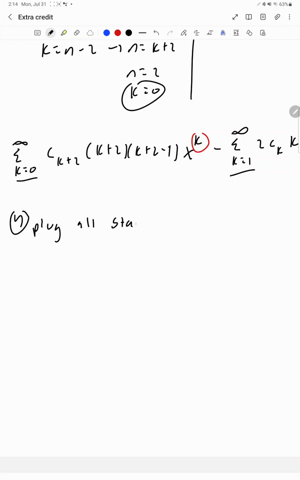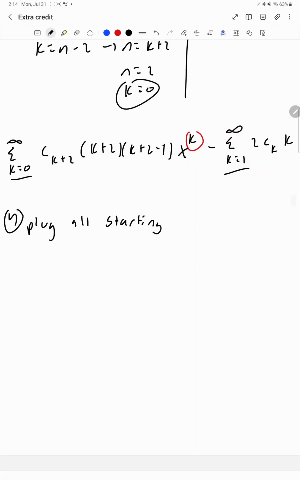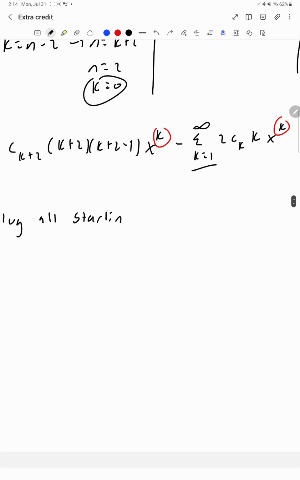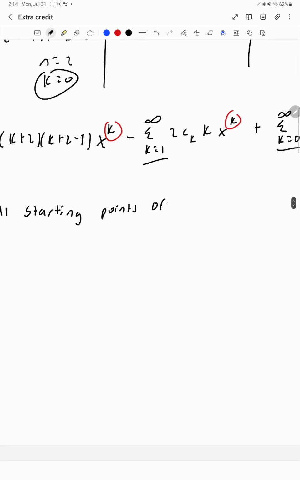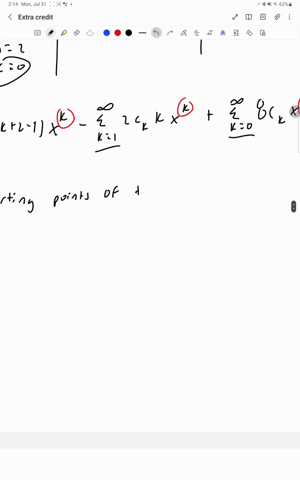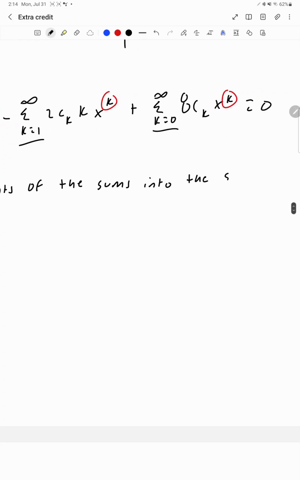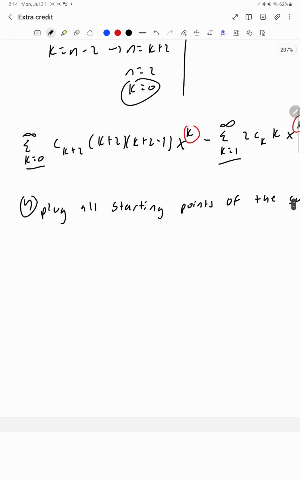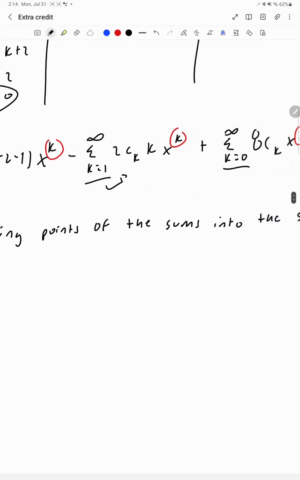So what we're gonna do is plug all the starting points of the sums into the sums. So we're going to plug in k equals 0 for all the k's, and we're going to plug k equals 1 into all the k's.